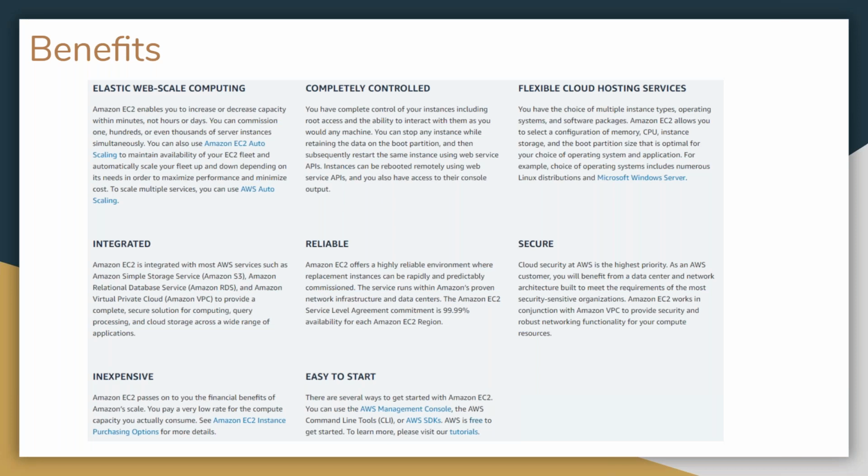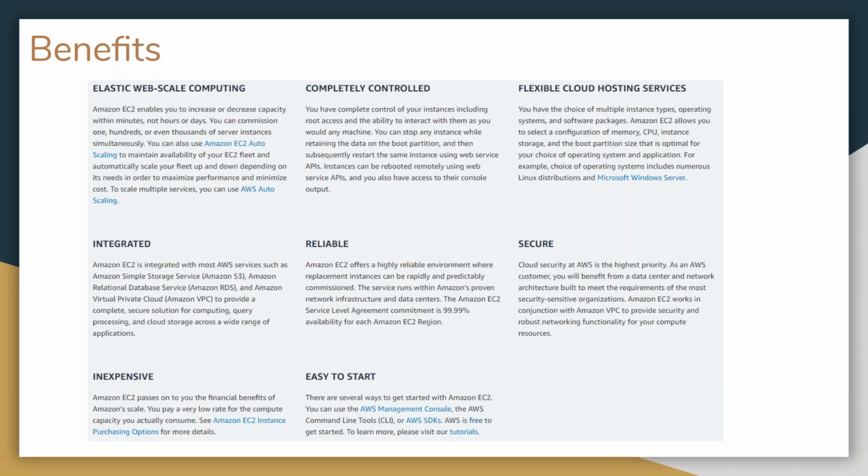You can define your security settings, open the ports you want to open, and close the ports you want to close. All that kind of access you can control with EC2. All the controls we used to have with our traditional virtual machines or VMware, you still have on the EC2 instances you create in your AWS account.